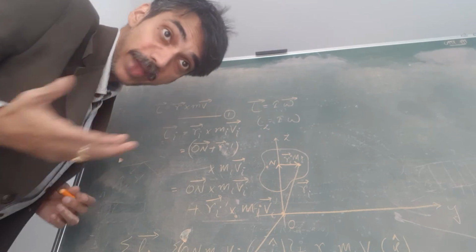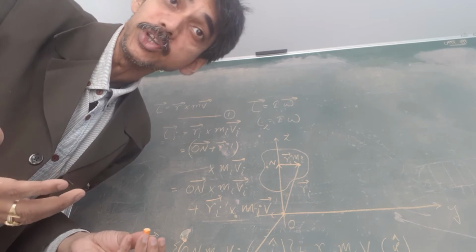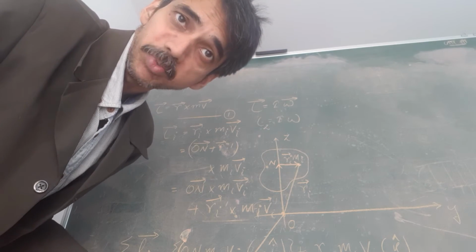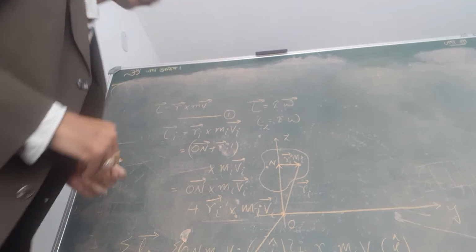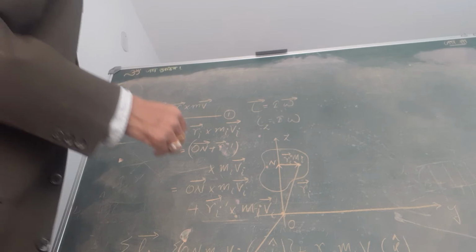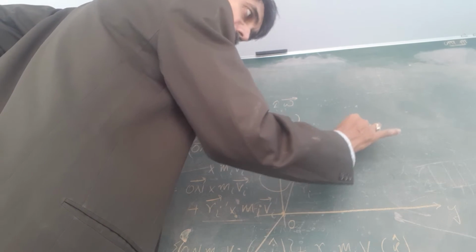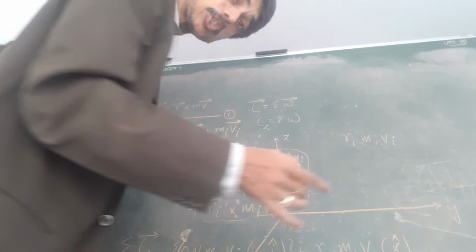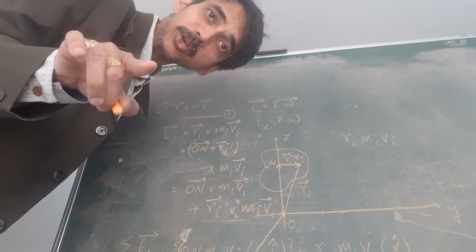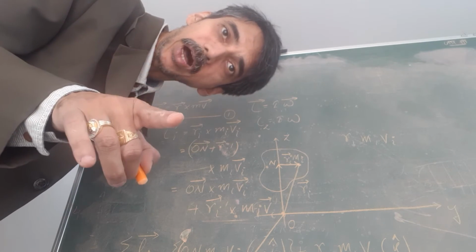And if we have vectors of which the direction is not changing, then we can go for the summation, treating it as good as a scalar quantity. So what we do over here is go for the summation of this part, which I'm writing over here: summation of Ri prime cross MiVi. Summation is possible owing to the fact that the direction over here does not change with the particle.